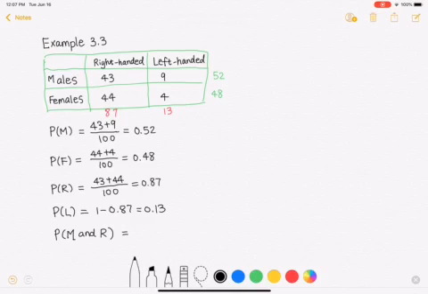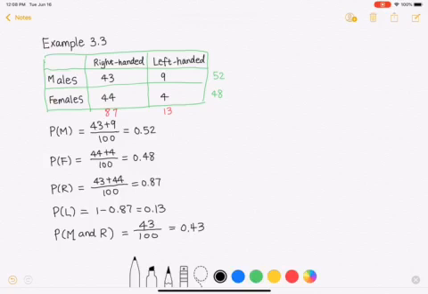Male is right here and right-handed is right here. So that is the location of the cell, and it is 43 of them. And altogether we have 100 people. So the probability is 0.43. And again, you need to remember all probabilities are decimals. Okay, between 0 and 1 inclusive. So that is a way to double check that your answer is correct.